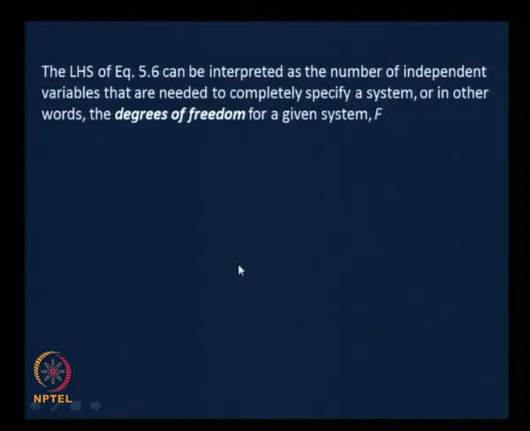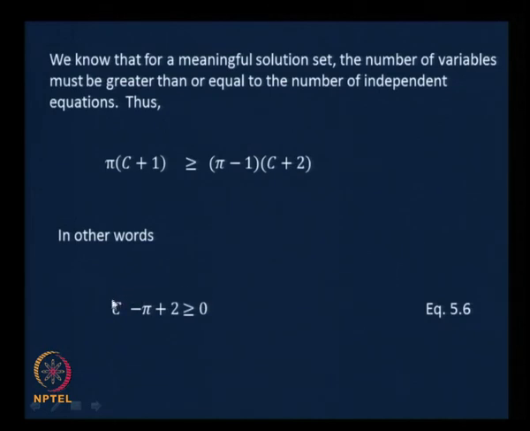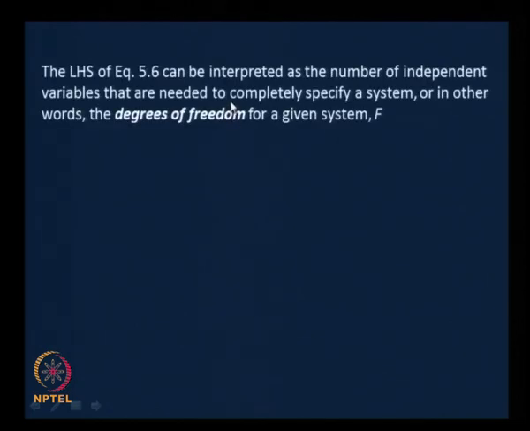The left hand side of 5.6, which is this C minus pi plus 2, can be interpreted as the number of independent variables that are needed to completely specify the system, or in other words, the number of degrees of freedom for a given system.